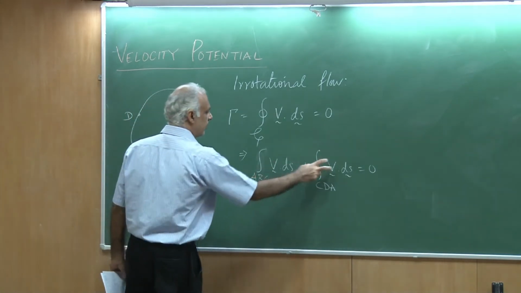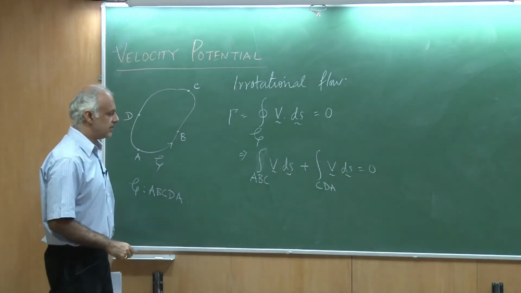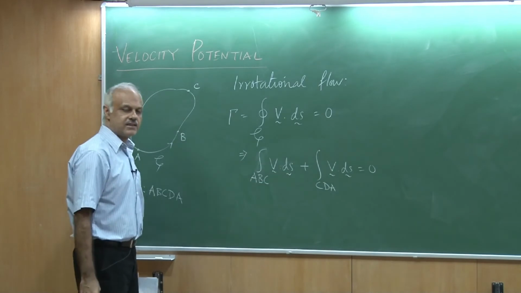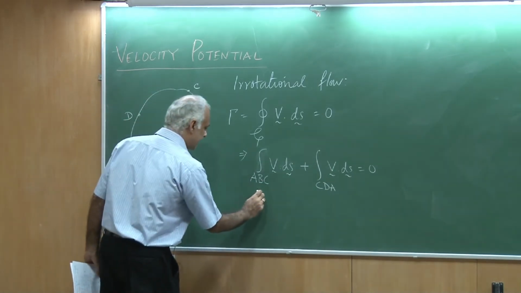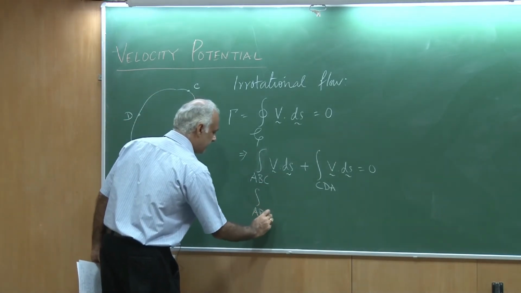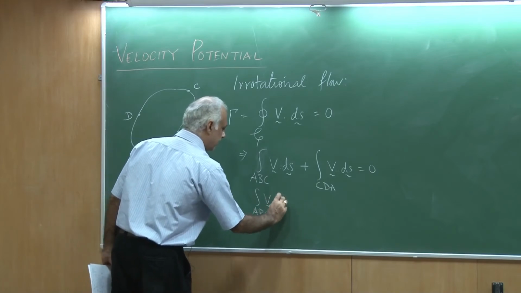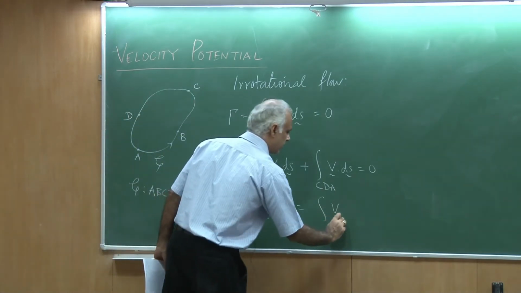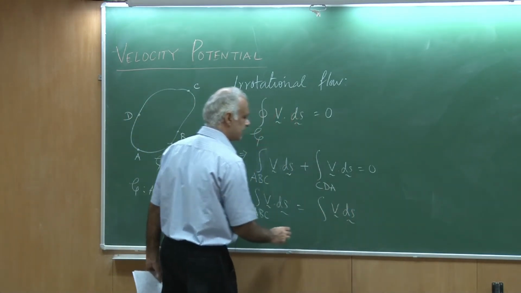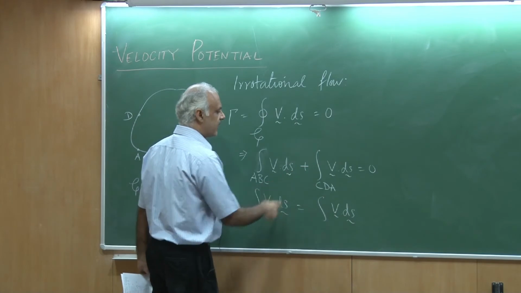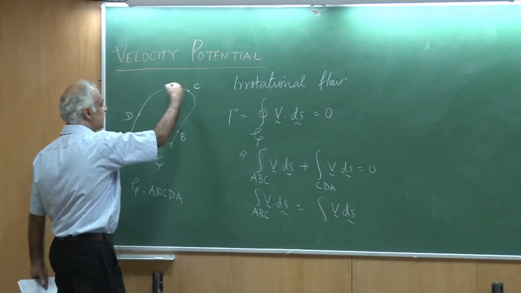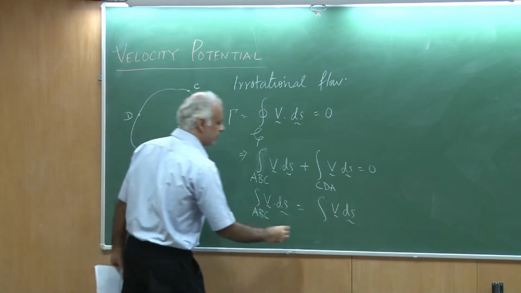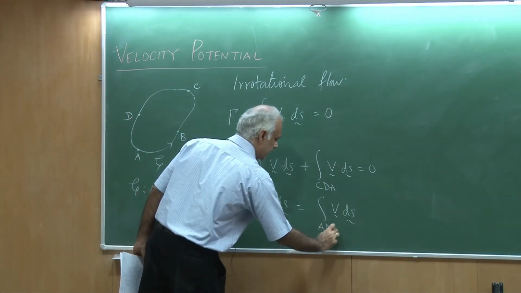Essentially, the sum of these two integrals is 0, or in other words, this integral is the negative of that integral. So, I will rewrite it as integral over A B C of V dot ds, and instead of putting a negative sign here, I am going to reverse the direction. So, instead of going from C D A, I will now go A D C.